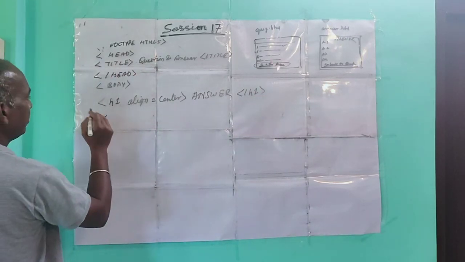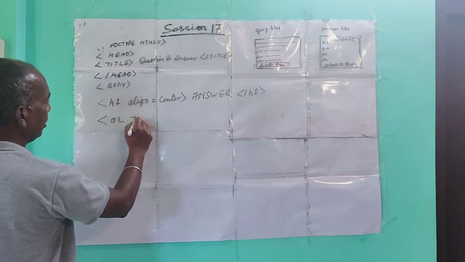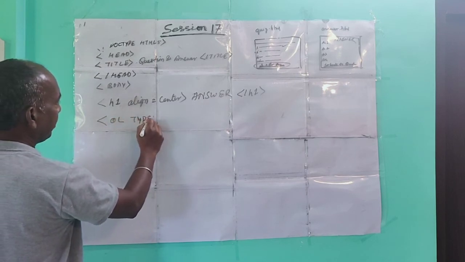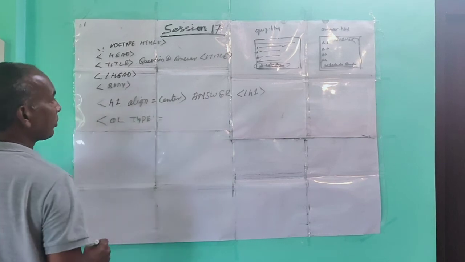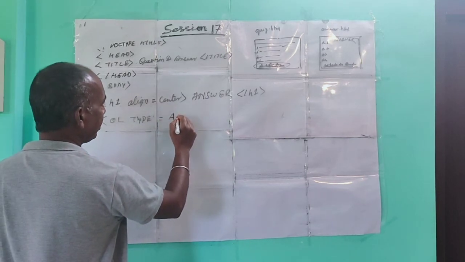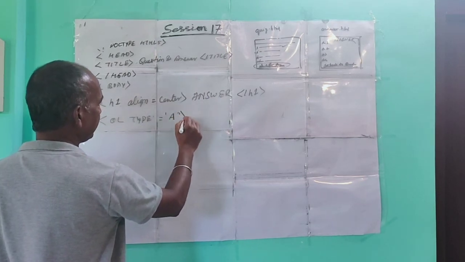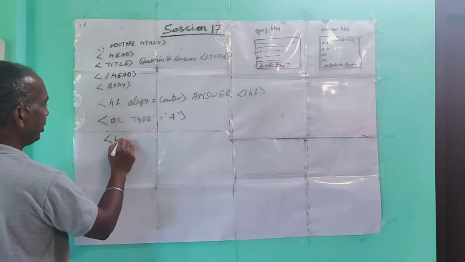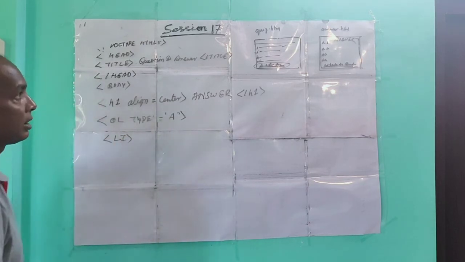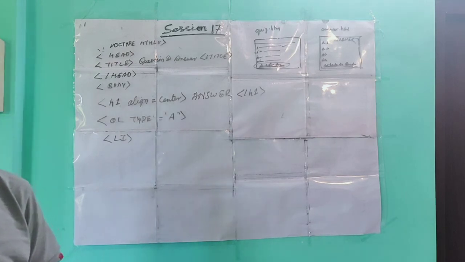Then comes OL type A, then start listing with LI. The answers are given in your book.